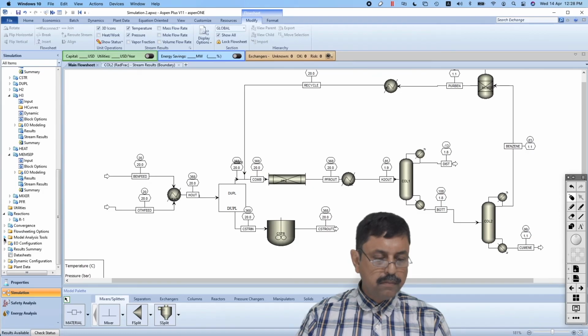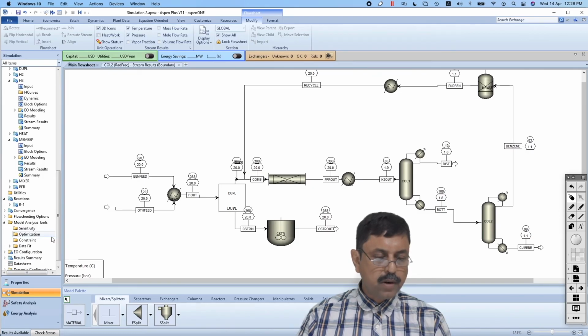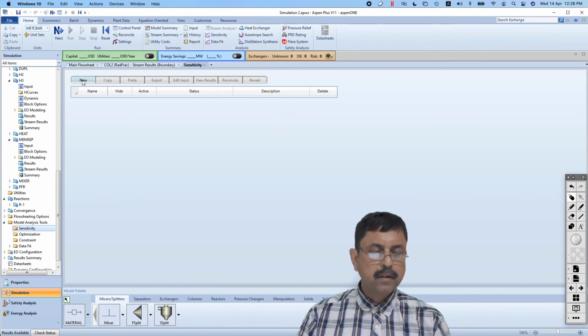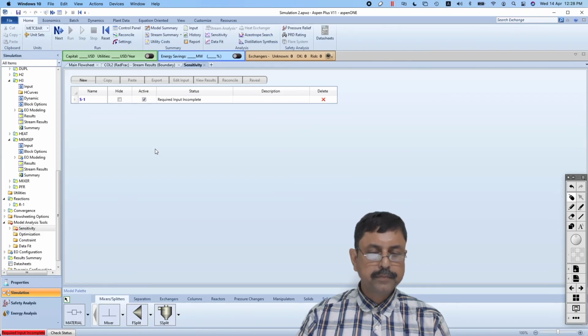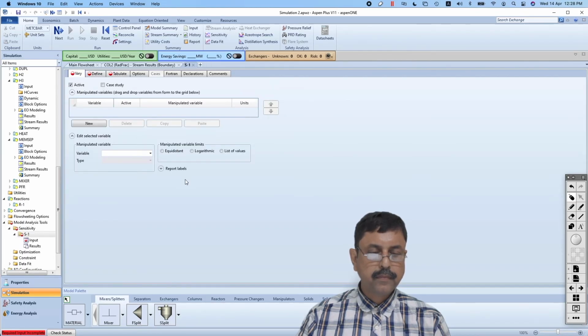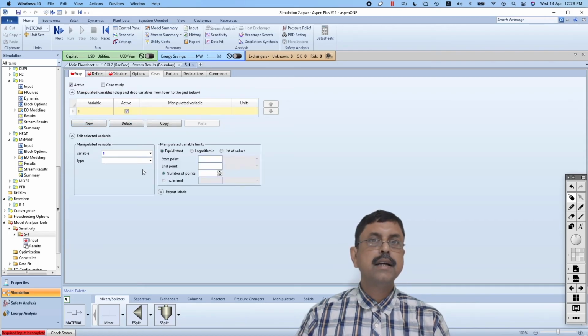For that, let us first take the help of the sensitivity analysis tool. That will be obtained over here: model analysis tools, sensitivity, press new. Here you have to vary the benzene flow rate in the feed.